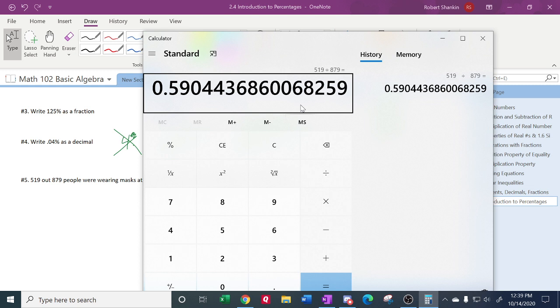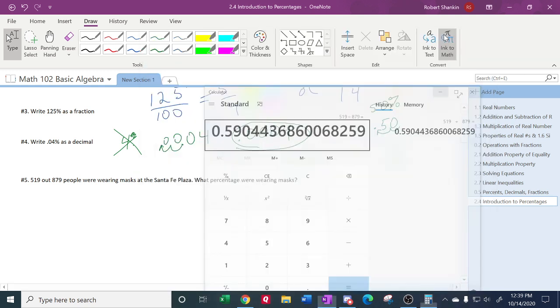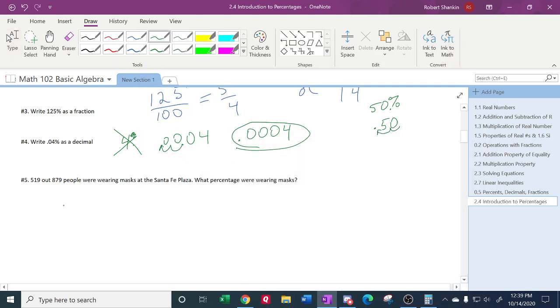And I get 0.59 something, so 0.59 will be good enough. So that's decimal. 59% when I move it 2 places to the right. So 59%, a little more than half, were wearing masks.